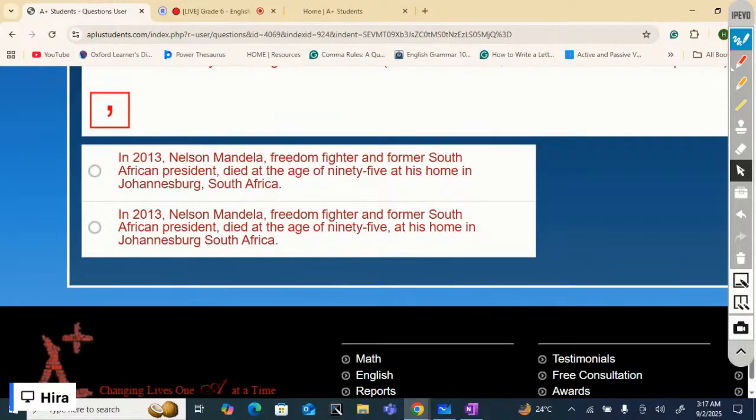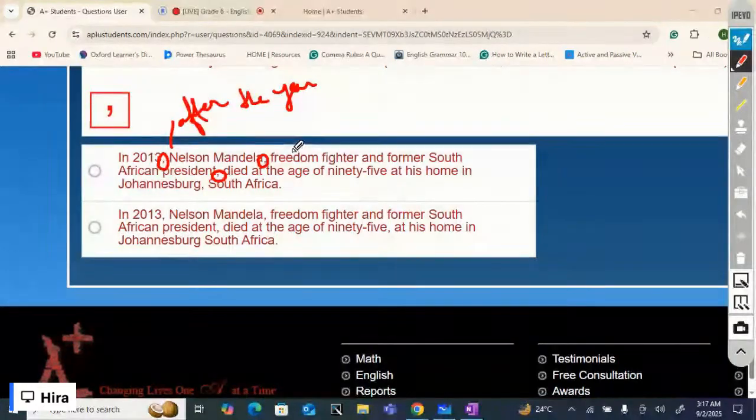Okay, let's understand the first option. We know that a comma is used after the year, so this one. After the year. Nelson Mandela, freedom fighter and former South African president. See these two commas, this is a non-restrictive element.